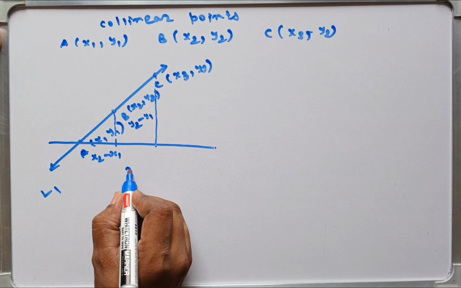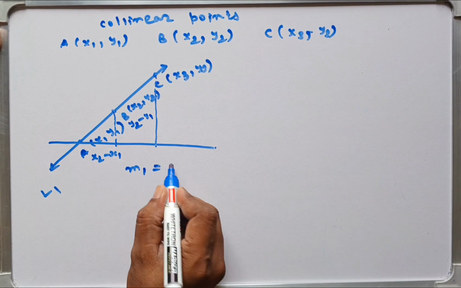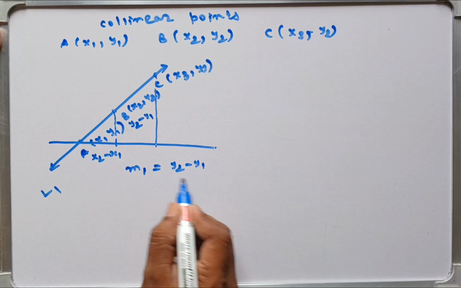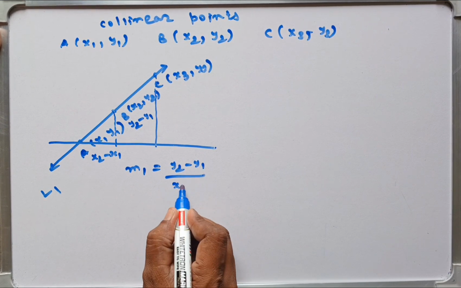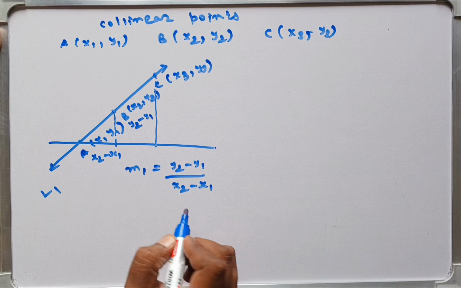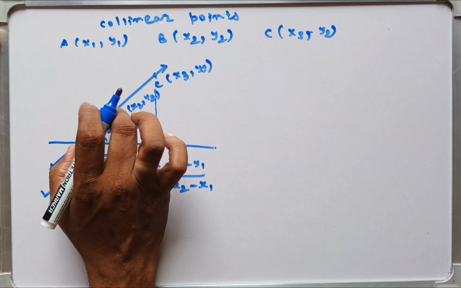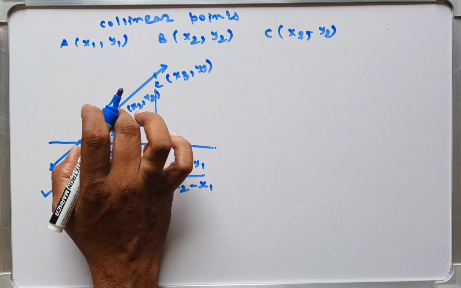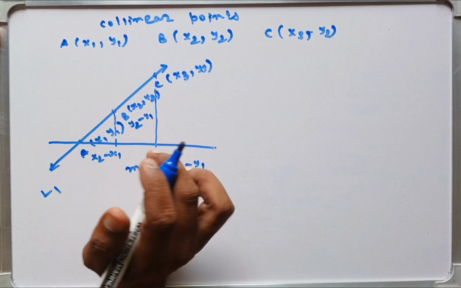So the slope, if m1, then y2 minus y1 divided by x2 minus x1 is the slope of the line passing through AB.